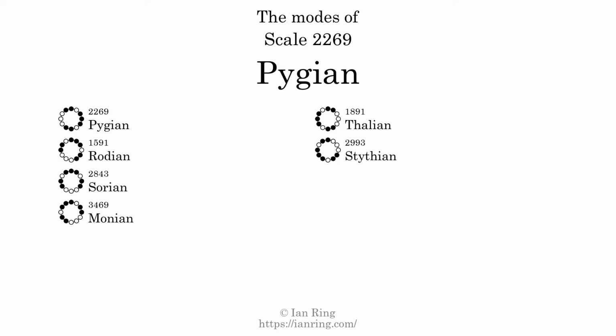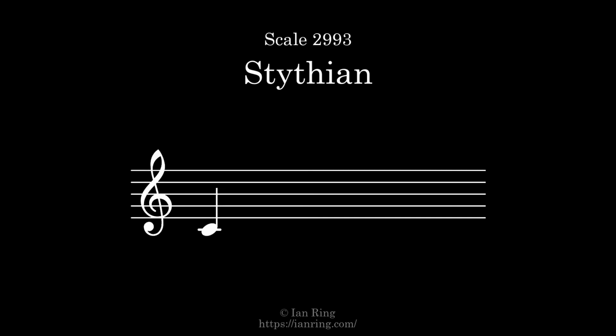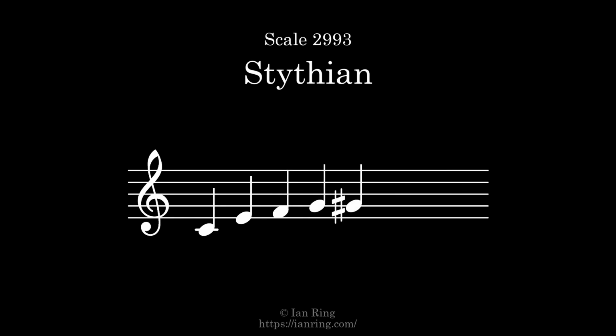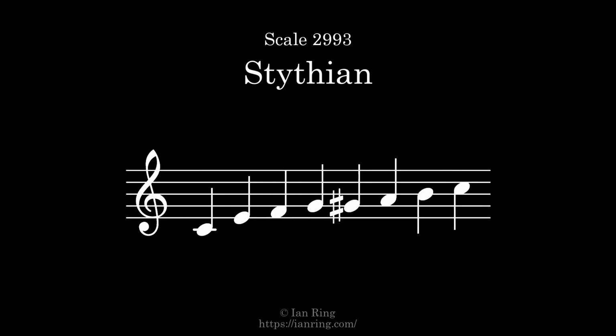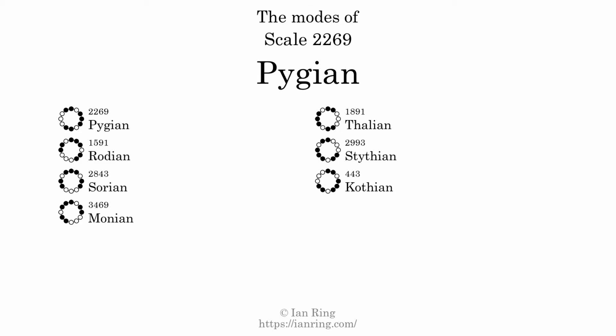The sixth mode is scale 2993, also known as Scythian. It sounds like this. The seventh and last mode is scale 443, also known as Cothian. It sounds like this.